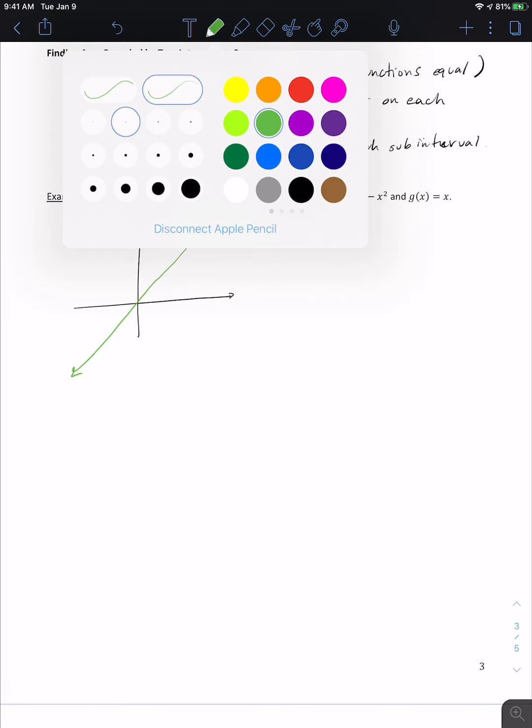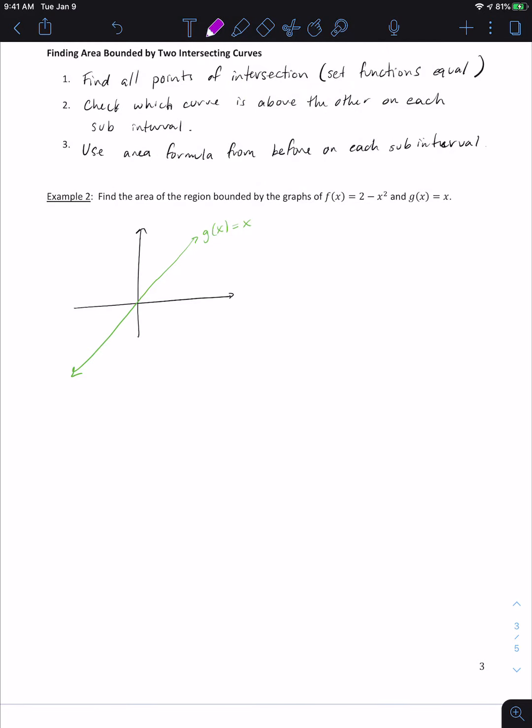And now let's do the graph of 2 minus x squared. Well, the minus sign means I flipped the x squared, the parabola, upside down, and the 2 means I shifted up 2. So this is going to be an upside down parabola shifted up 2. All right, so it looks like this. So this is f of x equals 2 minus x squared.